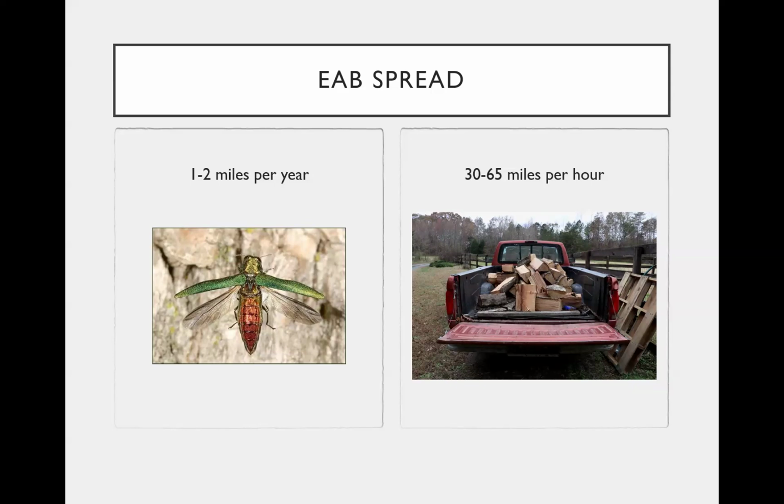It has spread by moving firewood, so that 30 to 65 miles an hour with firewood in the back of a truck moving down the highway between a camp and a home site or from out of state. That's how we've noticed the infestation really spreading, because we've noticed, when I get to the map, that it is showing up in these random spots, and those are now really starting to fill in.